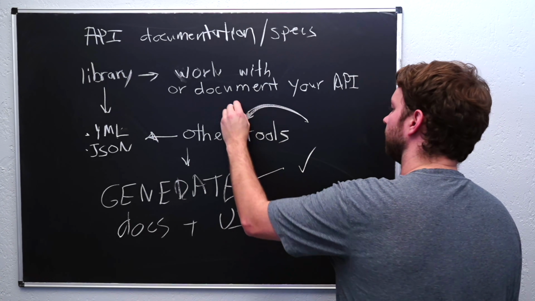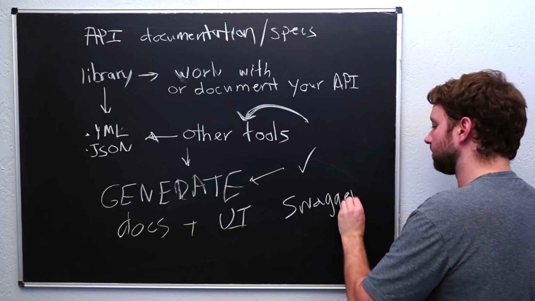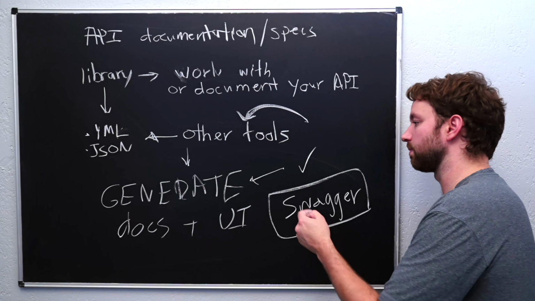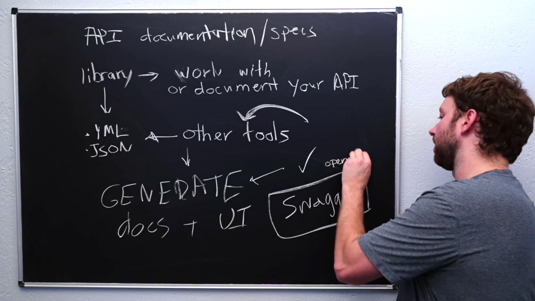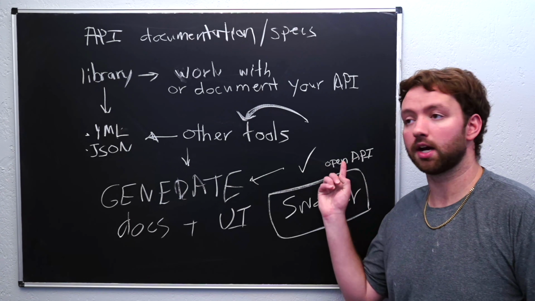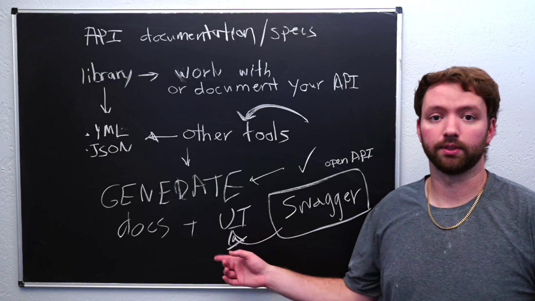So an example of another tool here would be Swagger. And this is closely associated with OpenAPI, but it's not the same thing. Think of Swagger as the tool. OpenAPI is the actual spec, but Swagger can read OpenAPI documents and give us a very easy to use UI to interact with that API.